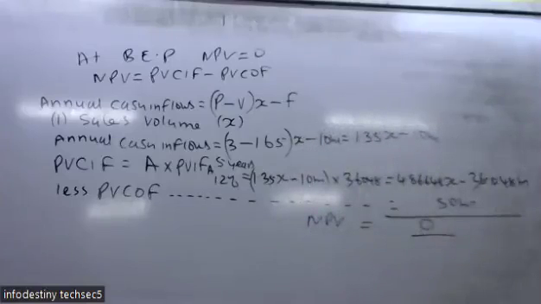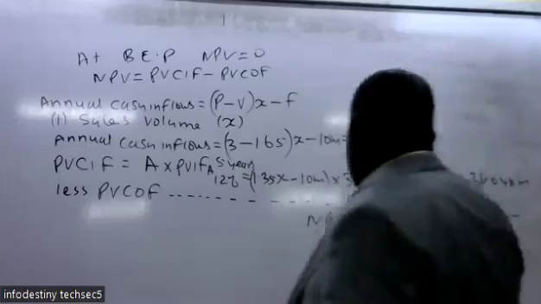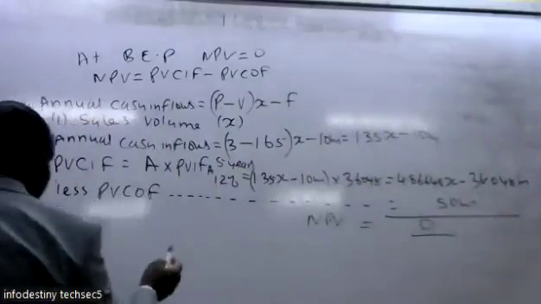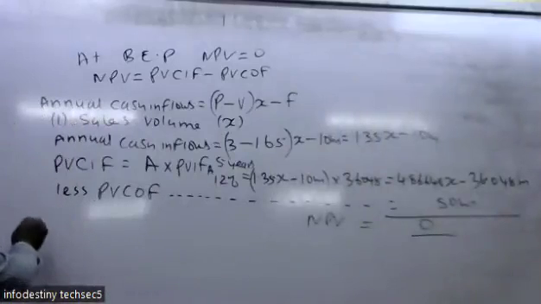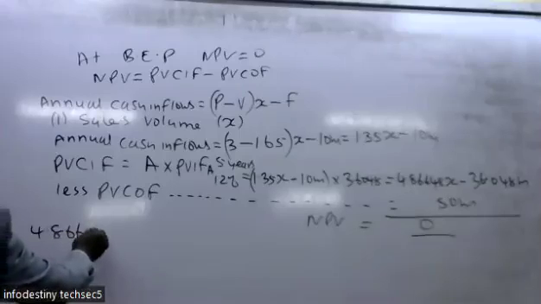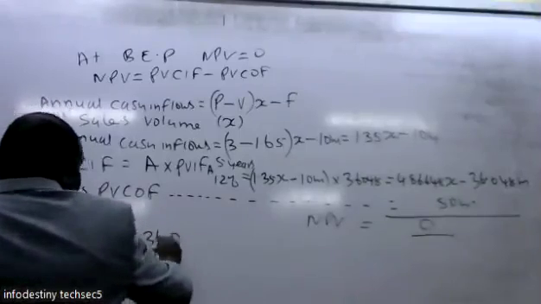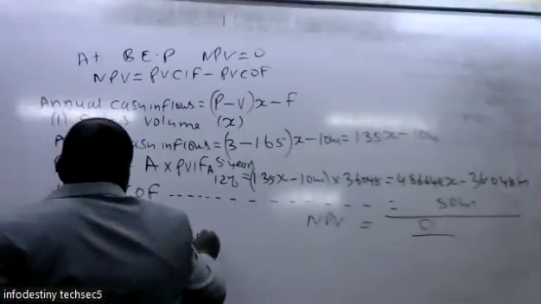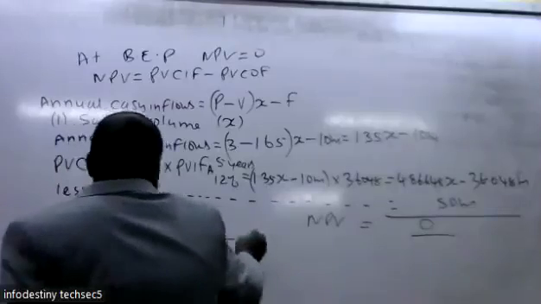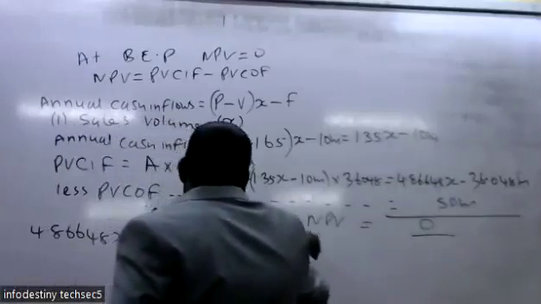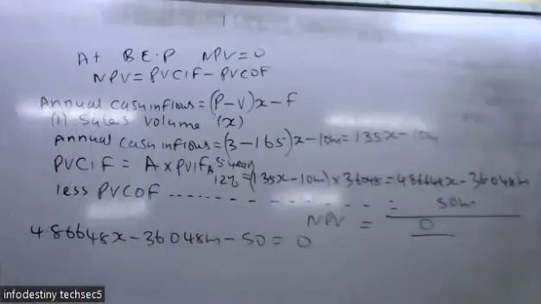So now we have our equation: 4.86648X minus 36.048 million minus 50 million should come up with 0.